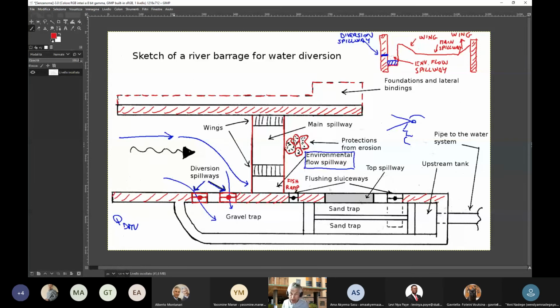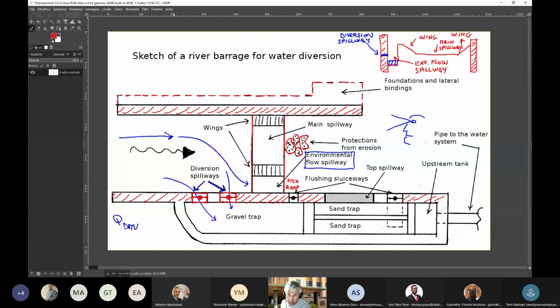If you build a barrage, it's because you want to stabilize the water level upstream. So you don't have to put the environmental flow spillway at a too low level. On the other hand, if you raise the level too much, you may create an increase of the flood risk upstream. And in any case, you don't want to exceed the 15 meters, as measured as we discussed before.